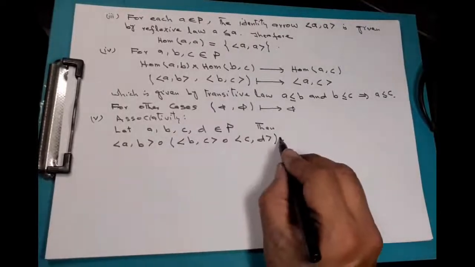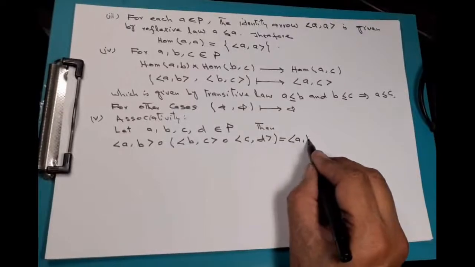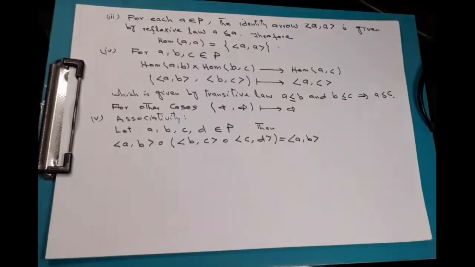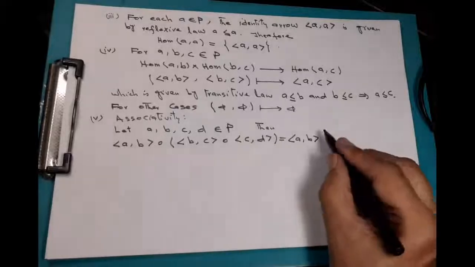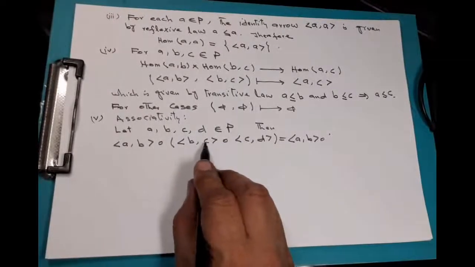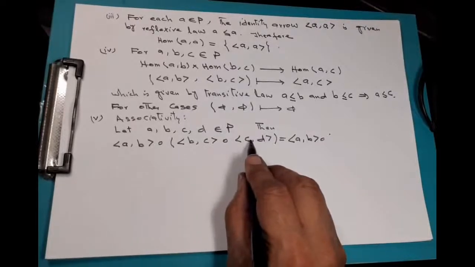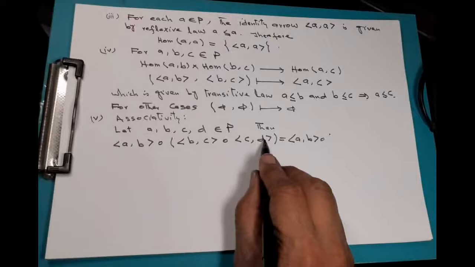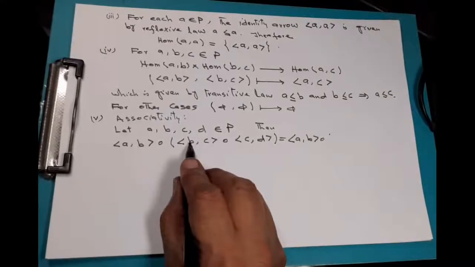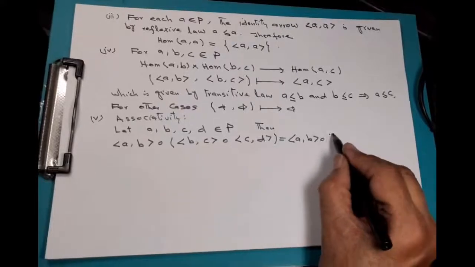and you can easily see that this is equal to the arrow from A to B. That means that A is related with B, composed with B is related with C, composed with C is related with D. By our definition, it becomes B is related with D because of the transitive property.